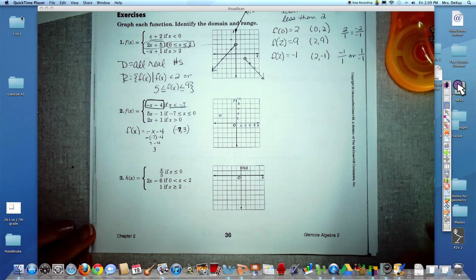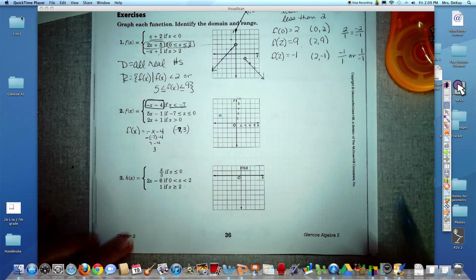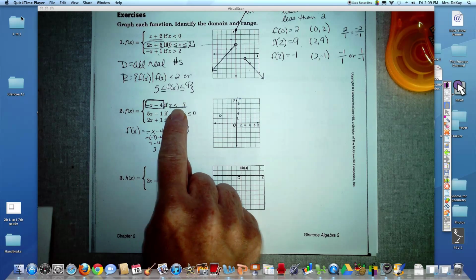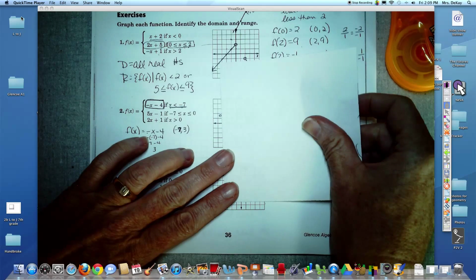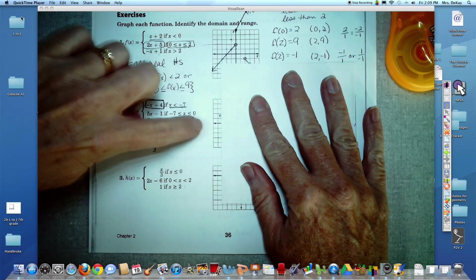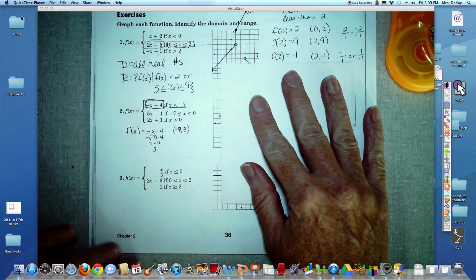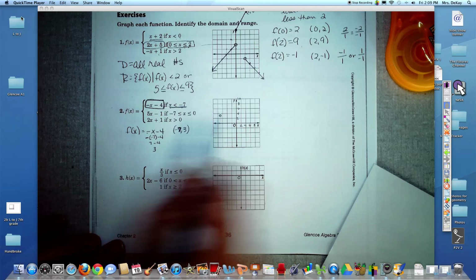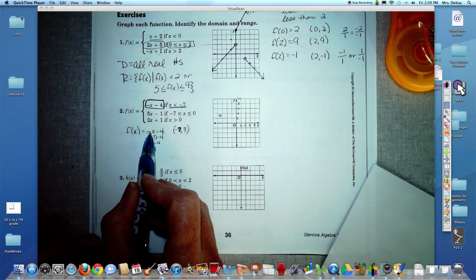Okay. And now we know this stuff is happening when x is less than -7. So when x is less than -7, it's happening on this side, because these are your x values that are less than -7. So from that point, my slope is? -1 over 1. Okay, so to which way? To the left.